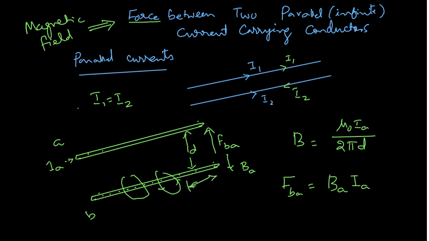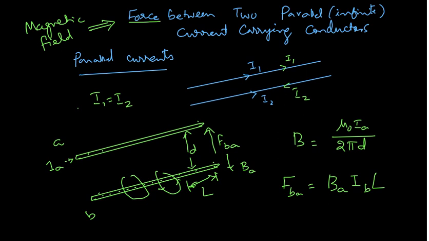Therefore FBA equals IB, BA, into L, because the current has to be going through that only. That's how we learned.